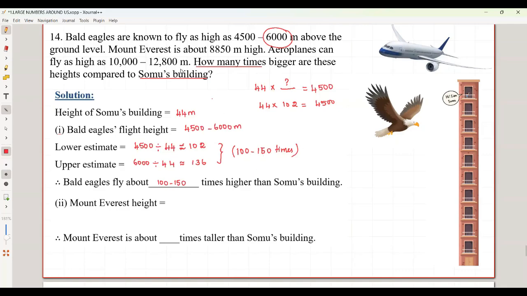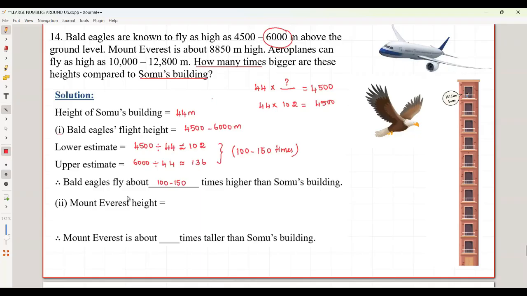Now, second, Mount Everest is about 8,850 meters high. We have to find out how many times bigger it is. Either you can go with the multiplication format or the division format, both will be correct. In multiplication format, we check 44 into what gives 8,850.